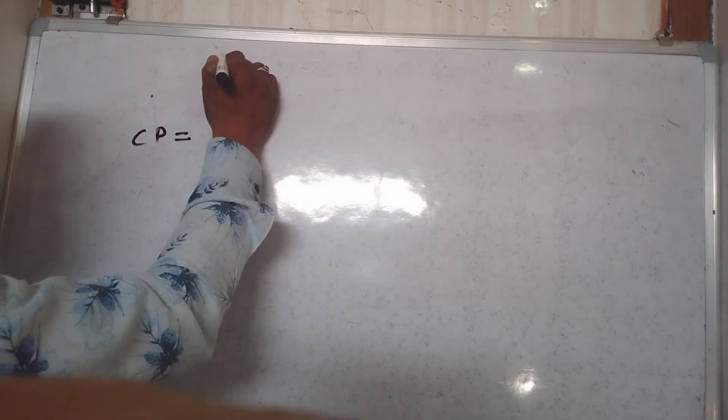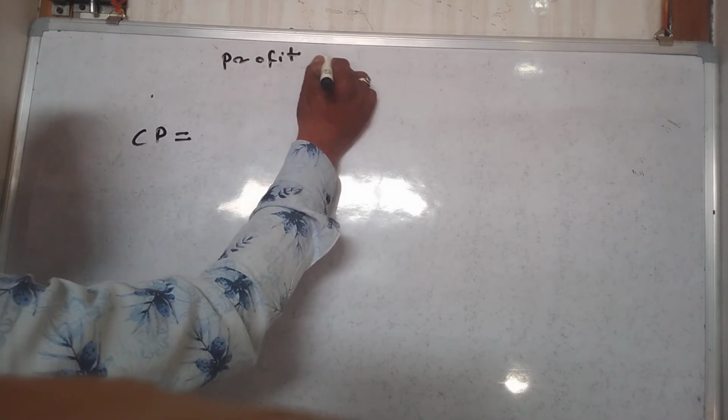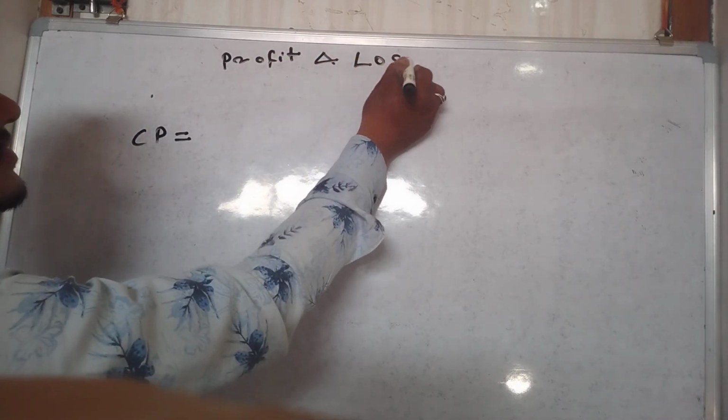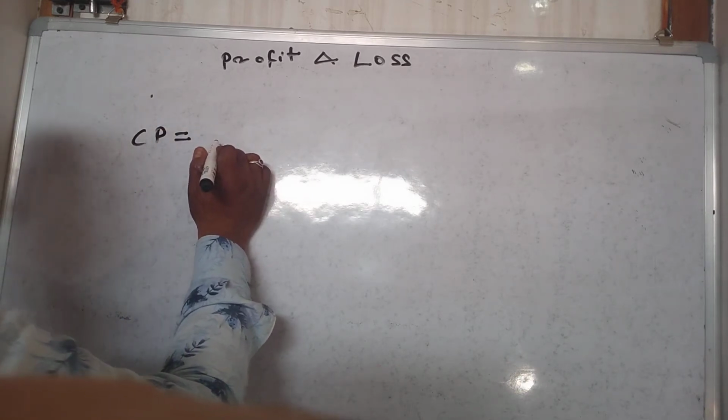Buys means his CP, his cost price, is 200.